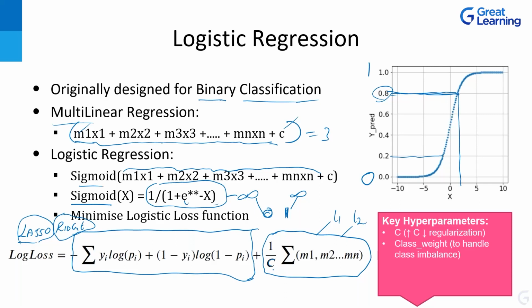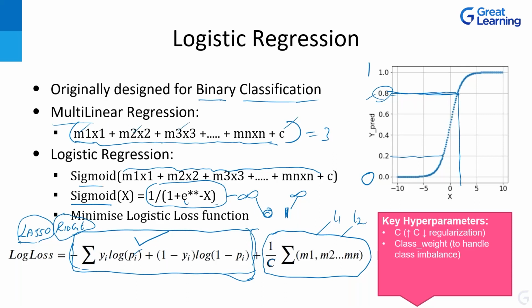This is the standard loss function for logistic regression, where P is our predicted probability, so let's say in this case 0.8, right? This is a function that we try to minimize using gradient descent, to find the right values of m1, m2, m3, and so on.